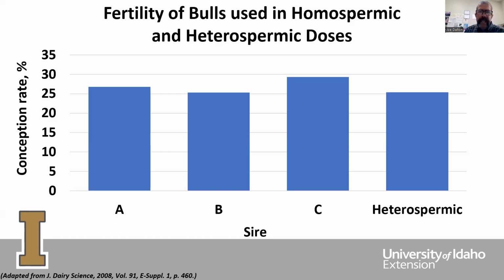And we can see that the heterospermic mix is comparable in fertility, but does not exceed the highest fertility bull in the mix. And that's what we see in this ABC and heterospermic graph.